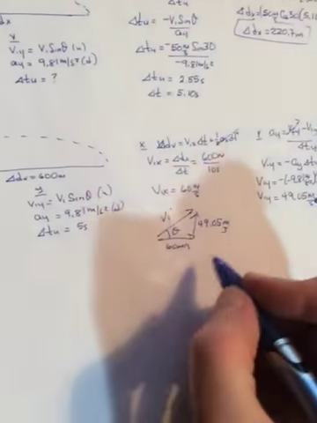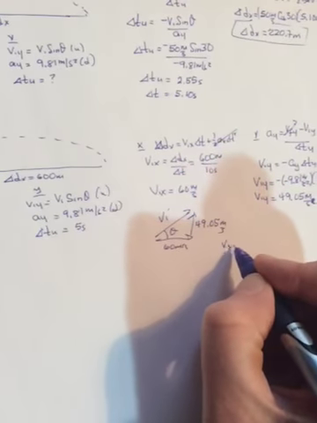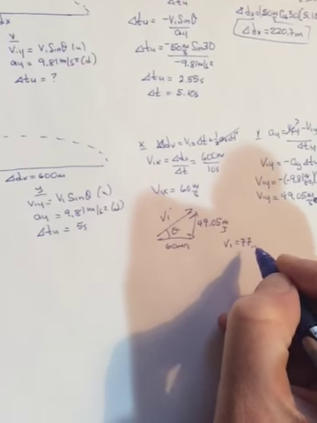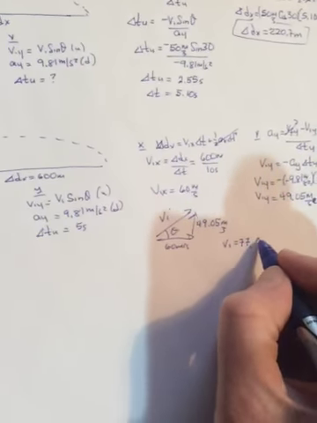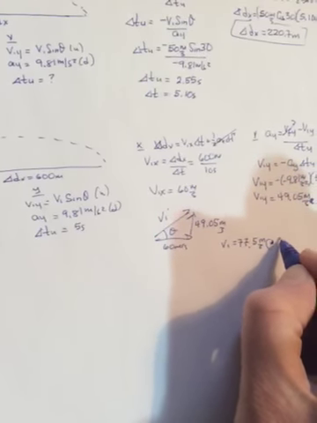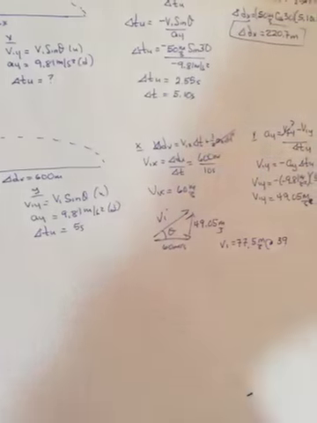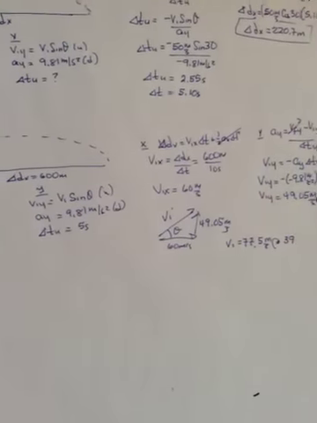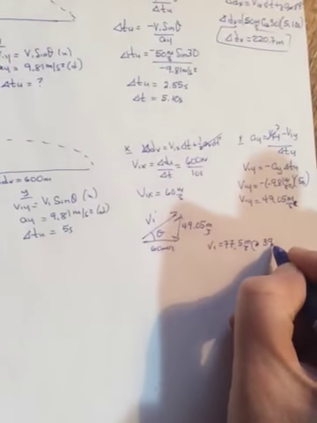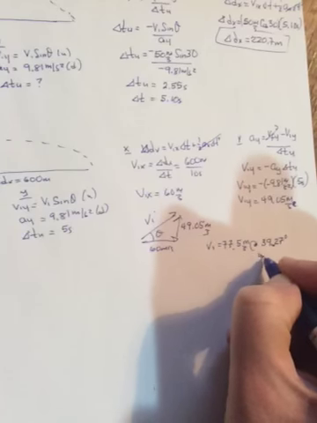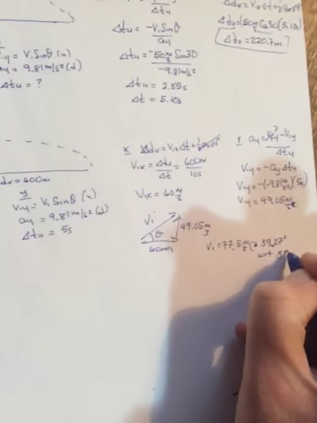And when you do that, you should get a vi of 77.5 meters per second, and your angle should be something like 39.27 degrees, and that will be with respect to the ground.